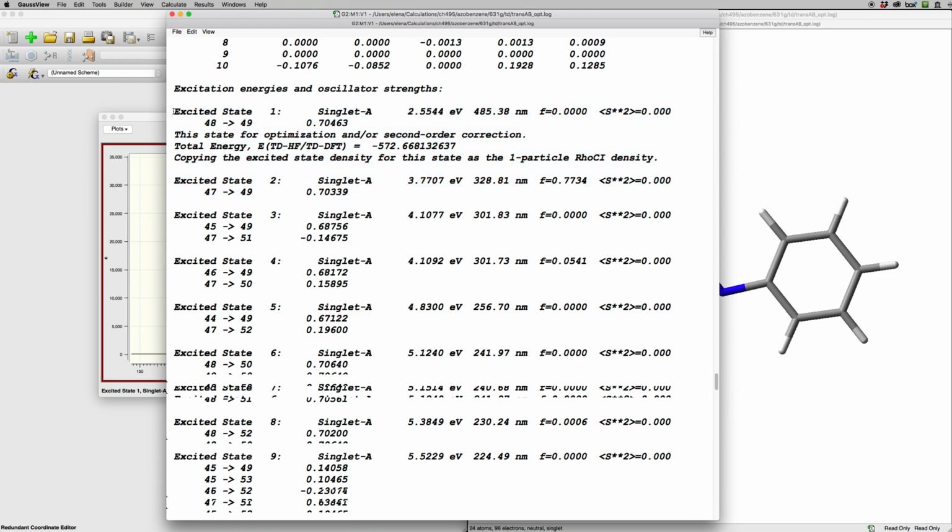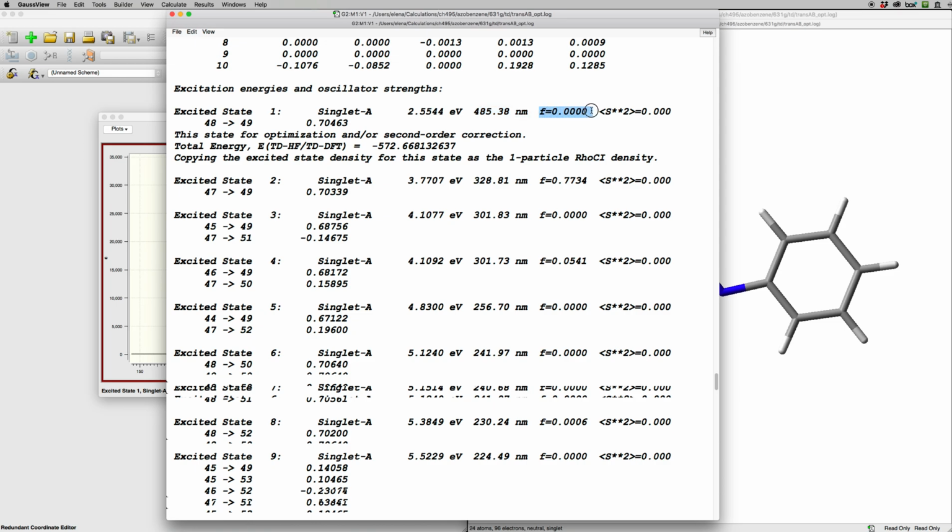So what kind of information I have here? So I have excited state 1. It's telling me that this is a singlet transition. Next, the output file shows the excitation energy in electron volts as well as the excitation energy in nanometers.